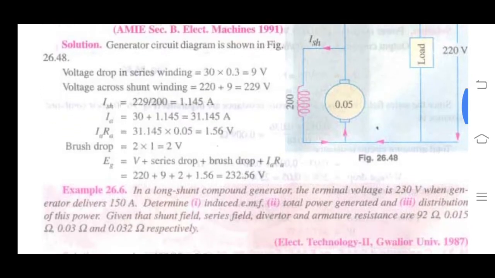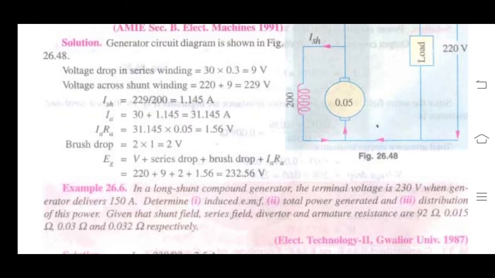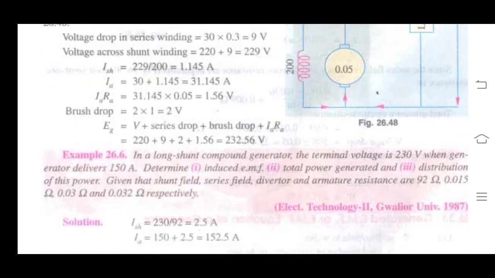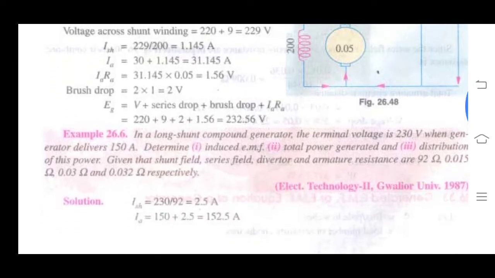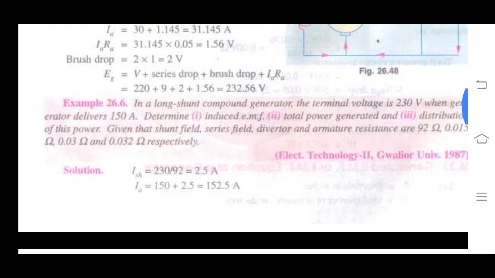If you want the armature drop, it is armature current into armature resistance, IA RA, 31.145 into 0.05, that equal to 1.56 volts. Brush drop equal to 2 into 1, that equal to 2 volts.